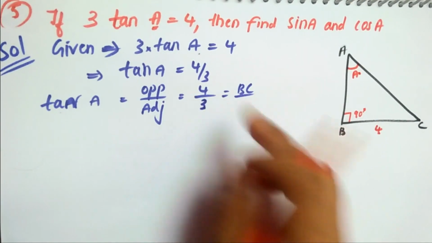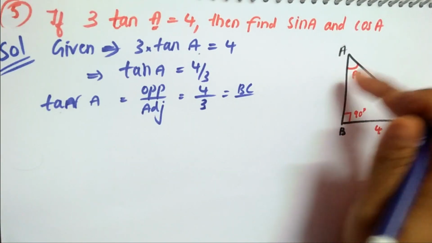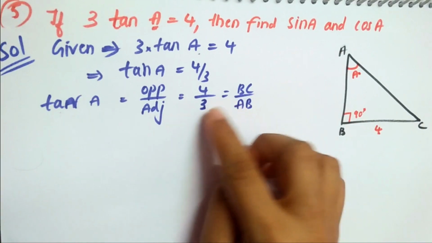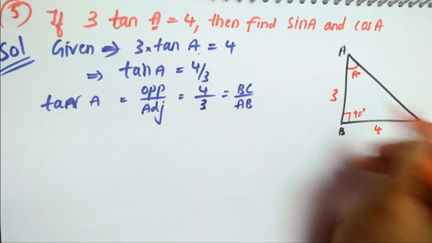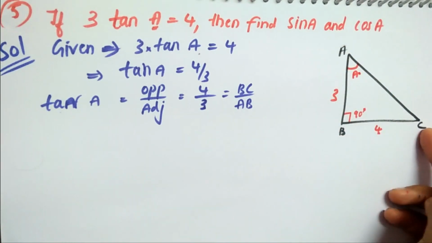And adjacent of angle A is AB, which is 3. So we got AB and we got BC.